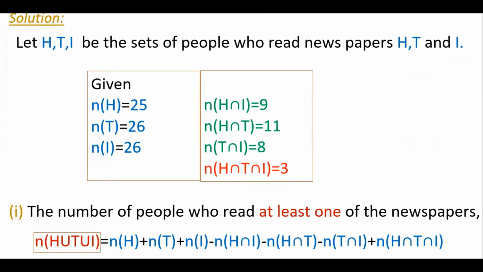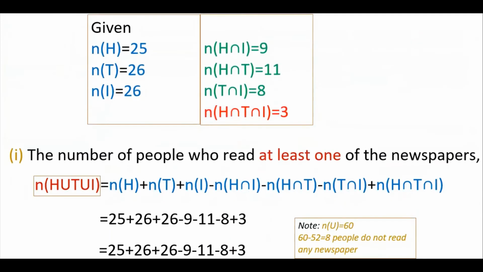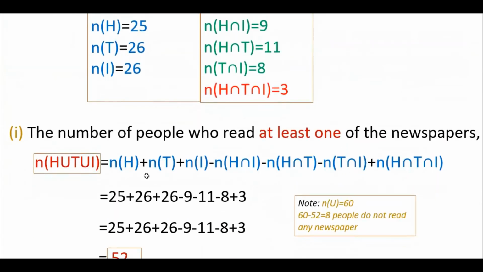The number of people who read at least one newspaper is n(H ∪ T ∪ I) = n(H) + n(T) + n(I) − n(H ∩ I) − n(H ∩ T) − n(T ∩ I) + n(H ∩ T ∩ I).